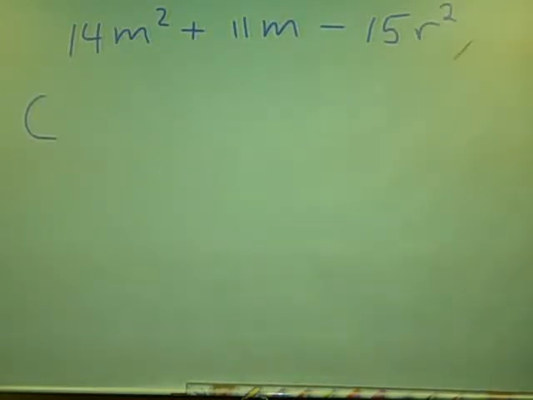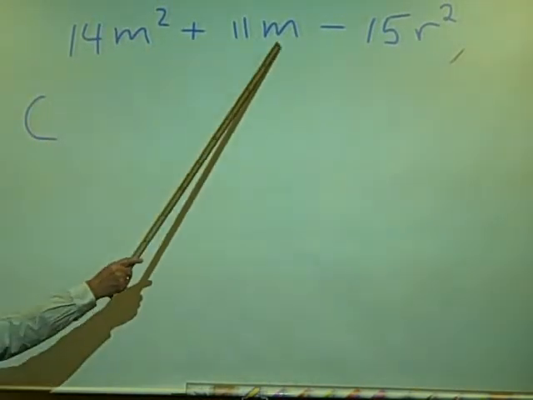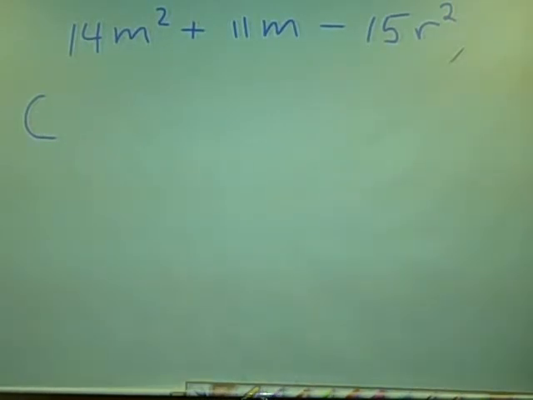Common factor. Do we have a greatest common factor in all three? Nope, not even close. But we always want to check it. So we put in our parentheses, put in our variables. You want to leave yourself some room. Any other variables in our factors?